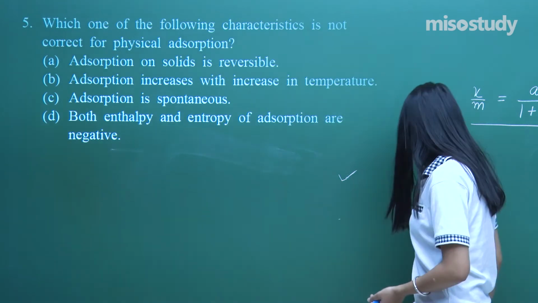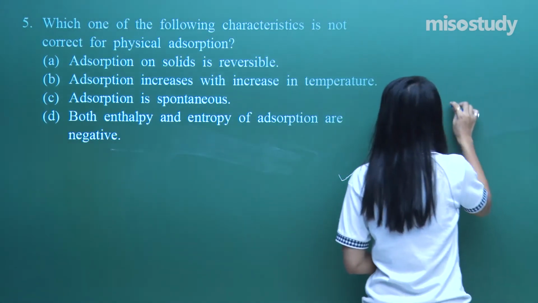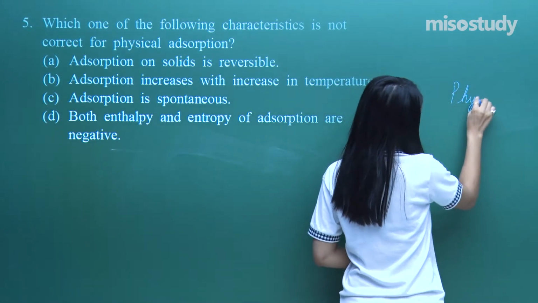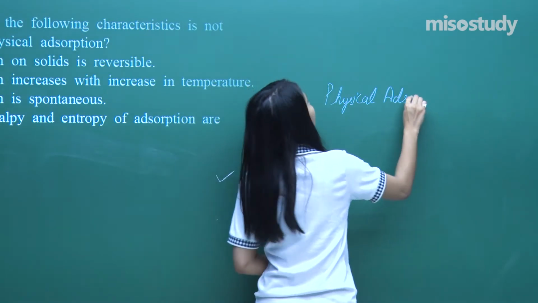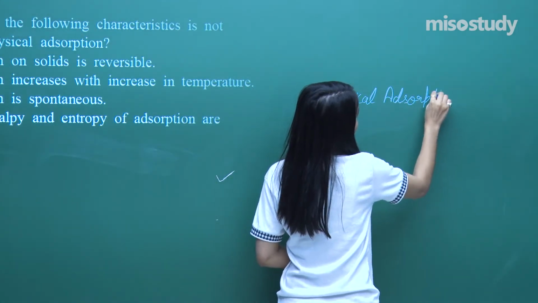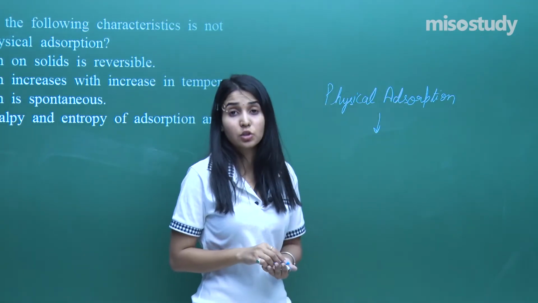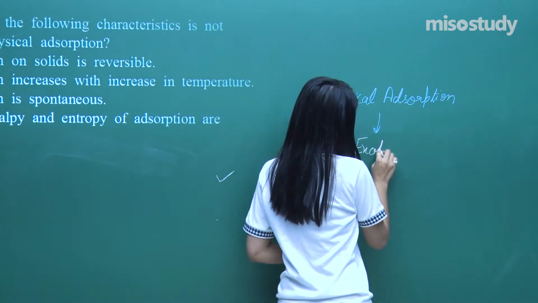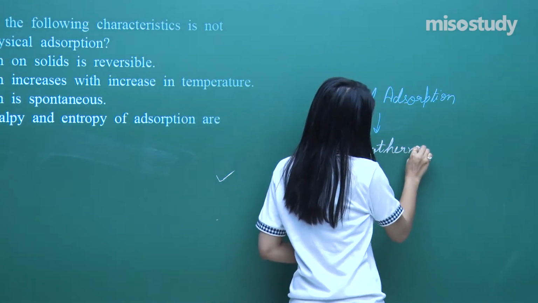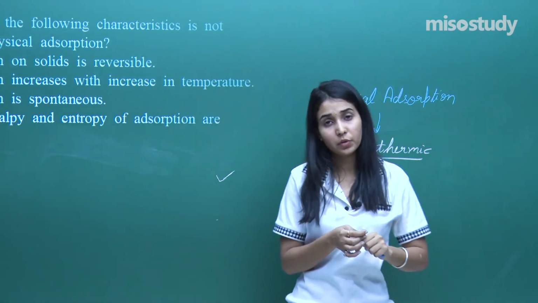First thing about physical adsorption, what have I been doing over and again? Whenever the term physical adsorption comes, that means I talk about an exothermic process. This is fixed, right?